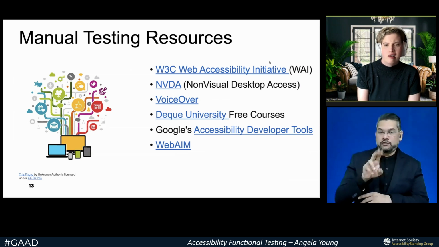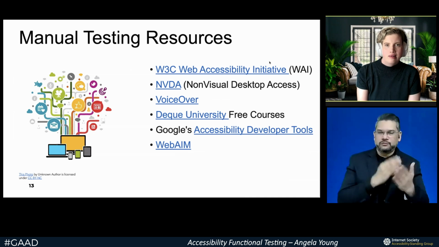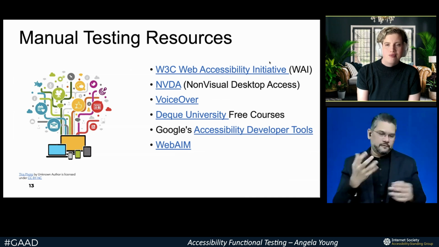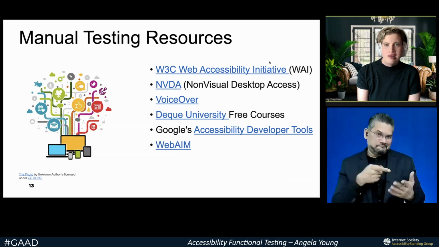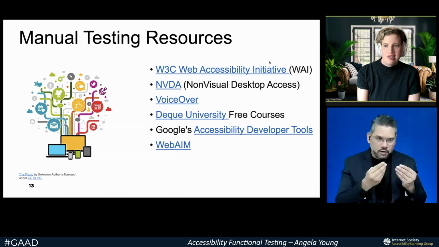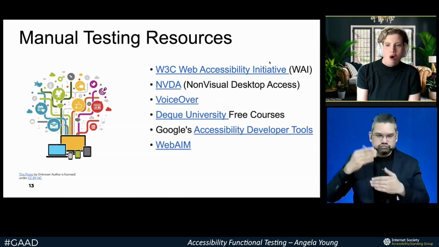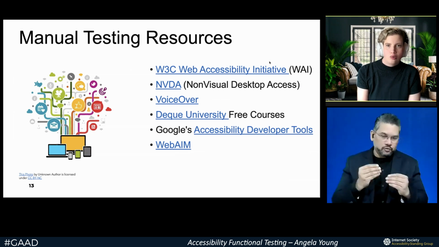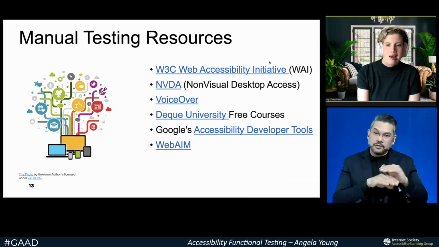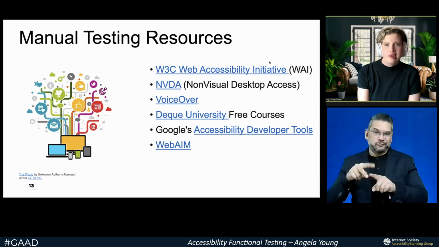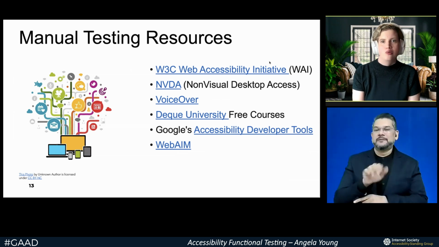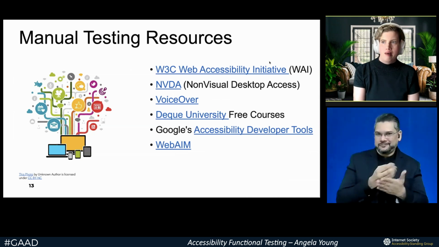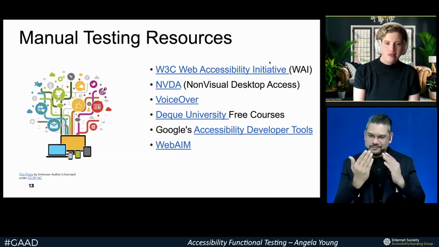Some of the courses are free, some you have to pay for, but they do have some free courses that give you some tools for ways to make digital environments more accessible. Google also offers accessibility developer tools. And then WebAIM, as I mentioned before, they have not only a color contrast analyzer, but they do have other tools that you could utilize for manual testing.